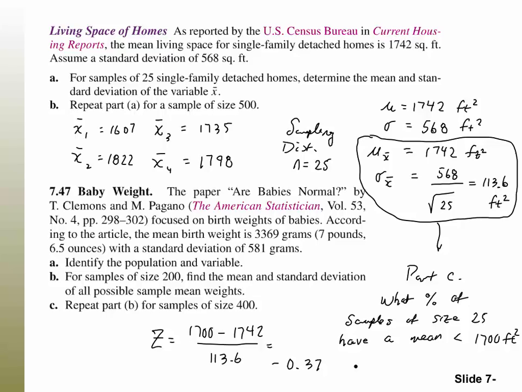Anyone got a table handy? So a z of negative 0.37 gives a, so what percentage of samples of size 25 have a mean less than 1,700 square feet? What percentage? 35.57%.